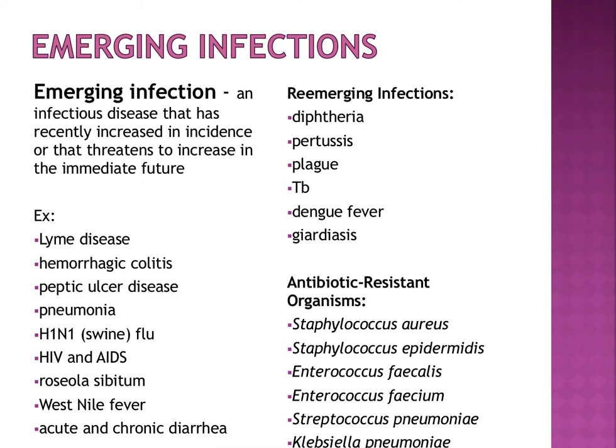Emerging infections. So we've talked about this a little bit when we talked about the vaccinations. We talked about pertussis in the respiratory chapter. So that was one that was considered for children, and now we're seeing it in adults. And so you can see some of the other ones.